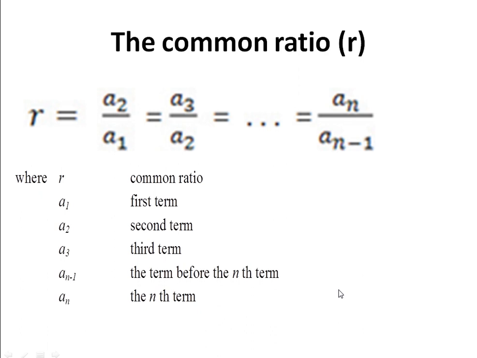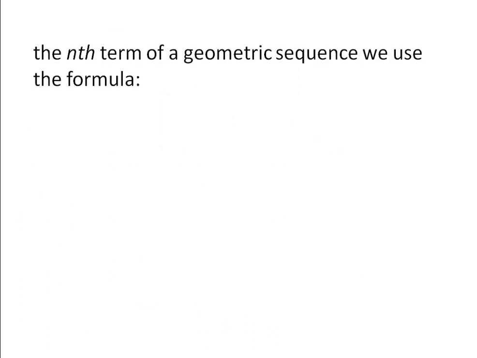R is the common ratio, A1 is the first term, A2 is the second term and A3 is the third, An minus 1 is the term before the nth term and An is the nth term. First you should understand what the common ratio is. That is the ratio of a term to the previous term, right?